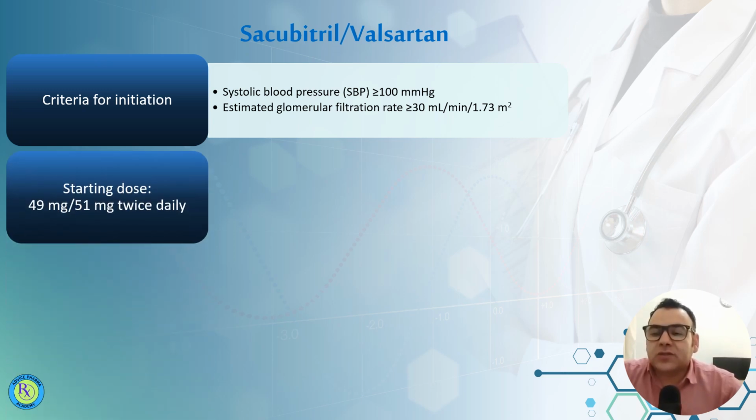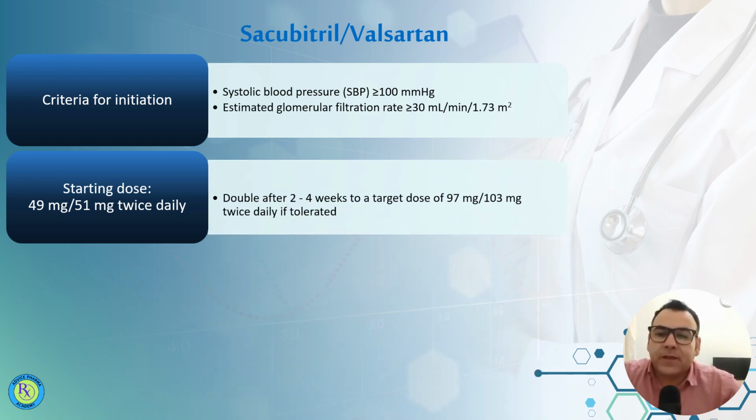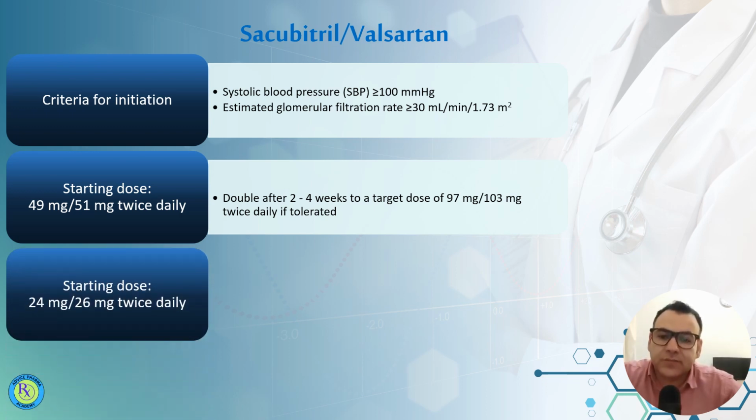The starting dose is 49/51 mg twice daily, which is the Entresto 100, recommended for all patients. Then the dose can be doubled after 2 to 4 weeks to the target dose, which is 97/103, which is the Entresto 200 twice daily, if the patient tolerates this dose.